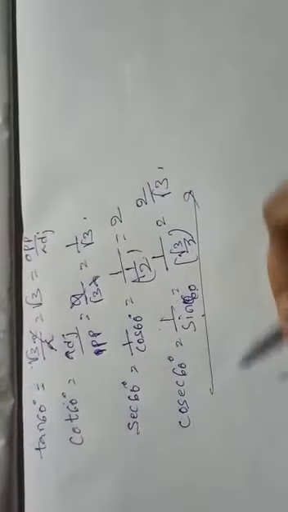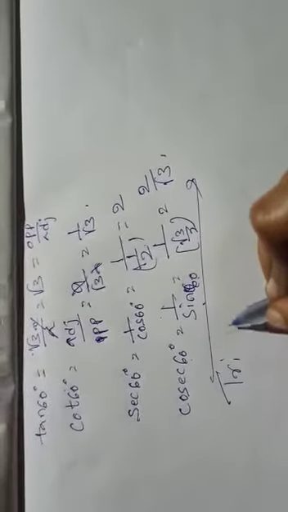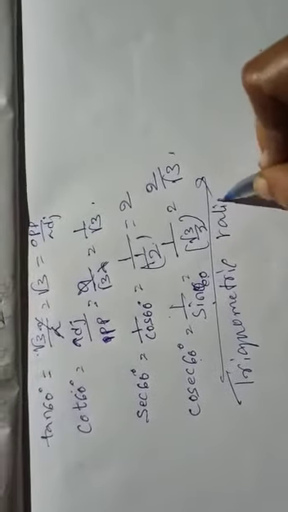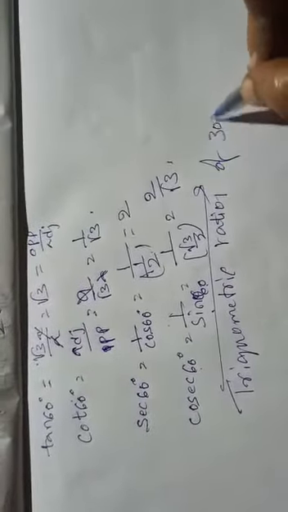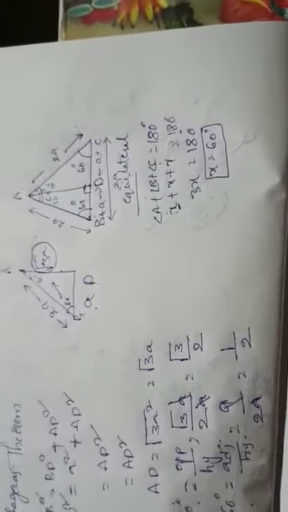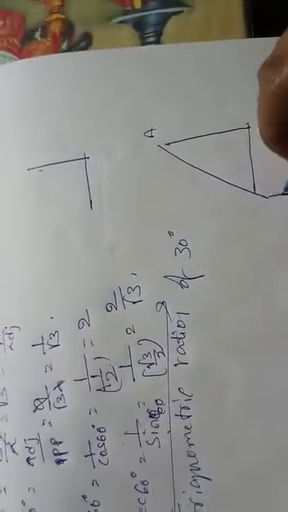Next, trigonometric ratios of 30 degrees. See triangle ABD.